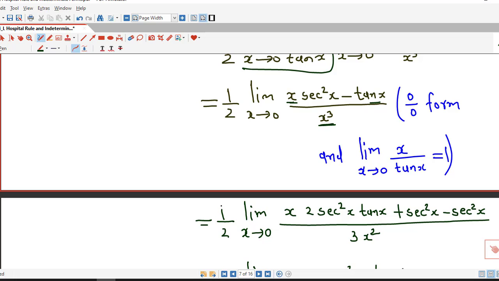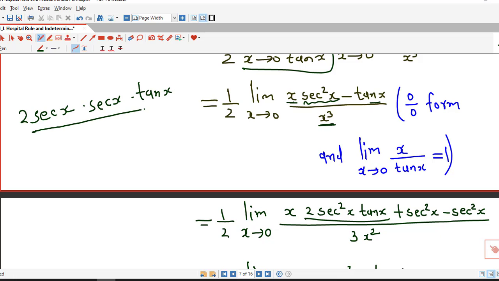This is as it is, 1 by 2 as it is, x as it is, derivative of sec square x is 2 sec x into the derivative of sec x.